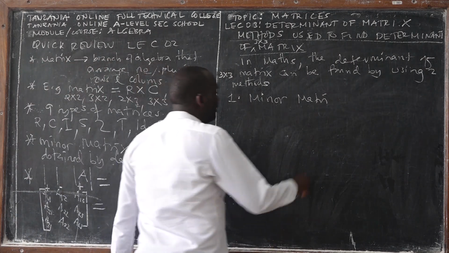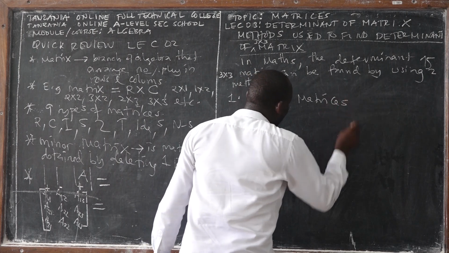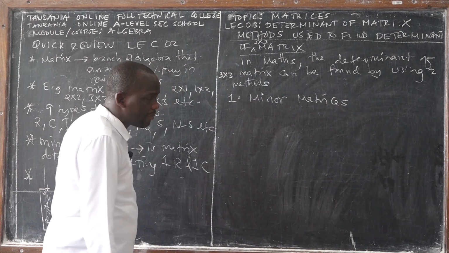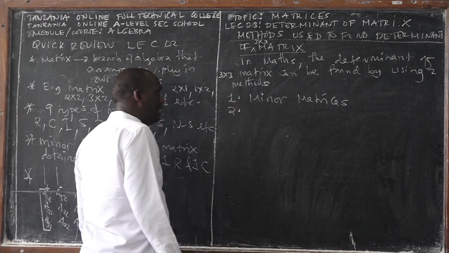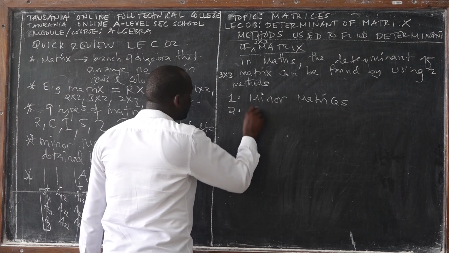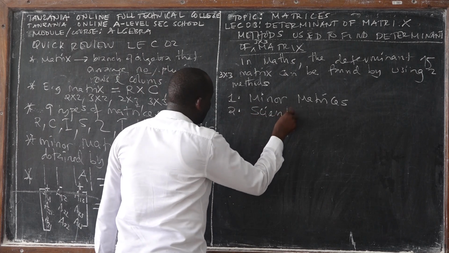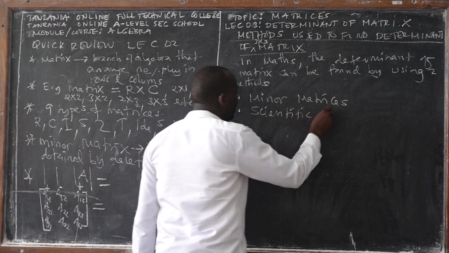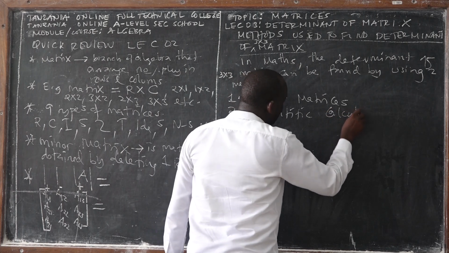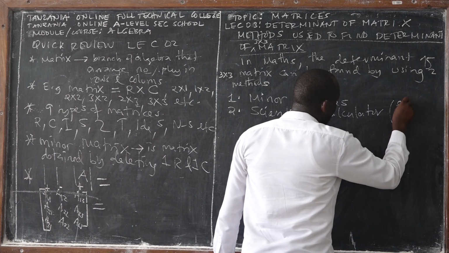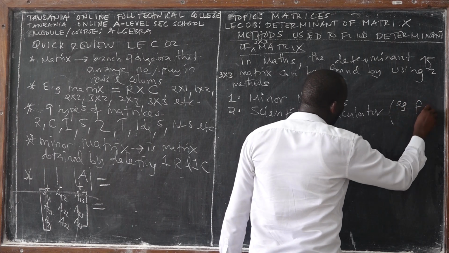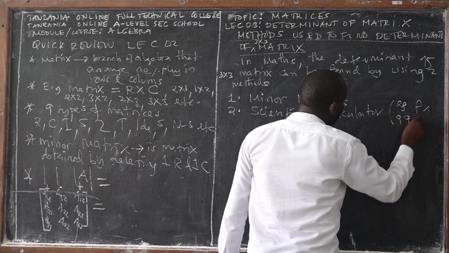The first one is by using minor matrices. And the second one, we can find the determinant by using a scientific calculator. An example of that scientific calculator is fx-991.